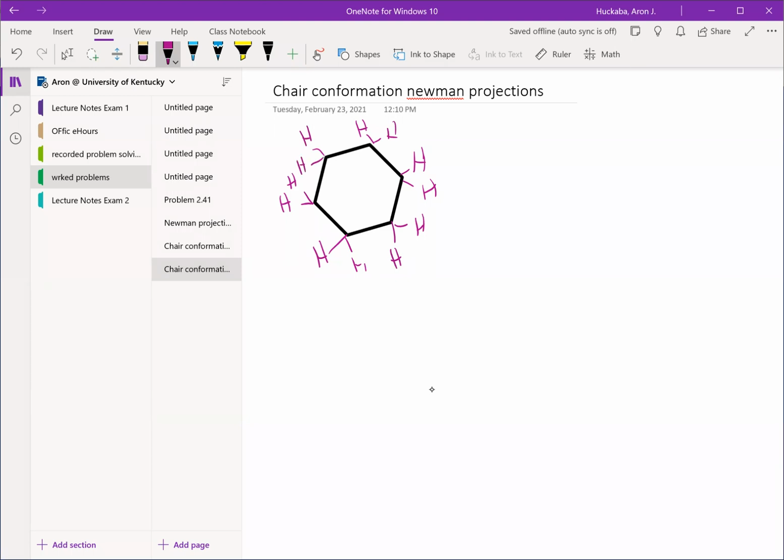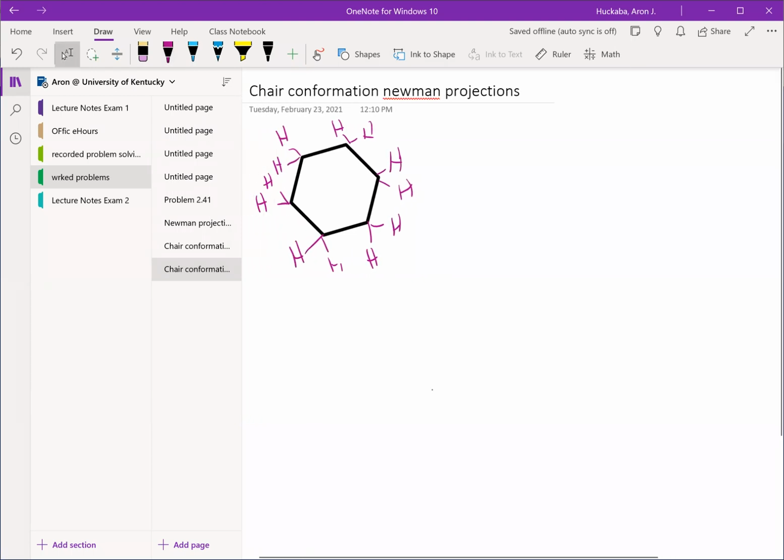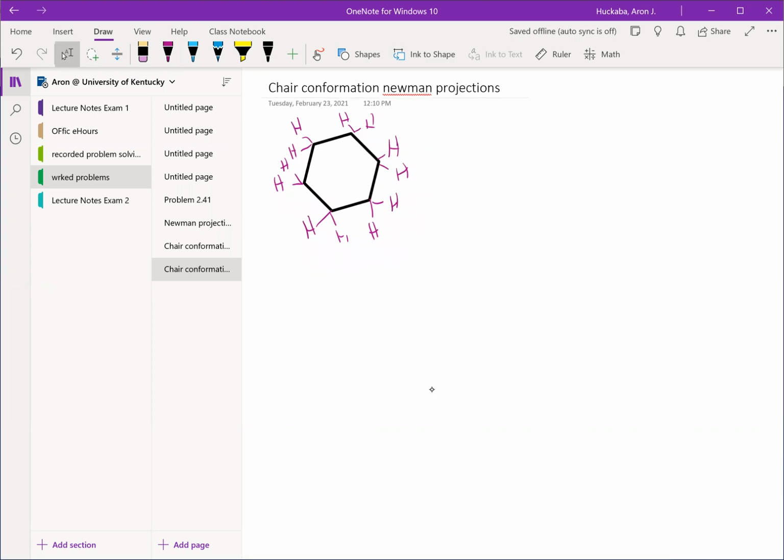But we also talked about how this is kind of an unrealistic representation of what cyclohexane actually looks like, right? Because cyclohexane exists in the chair conformation, typically, or at least it's the most stable conformation it can exist in. There we are. That's a nice chair.